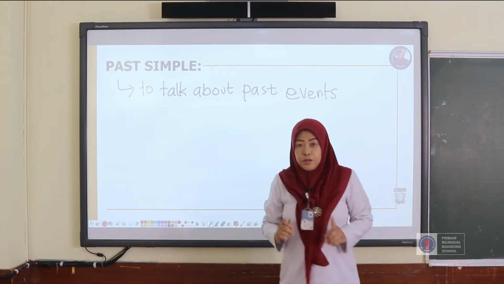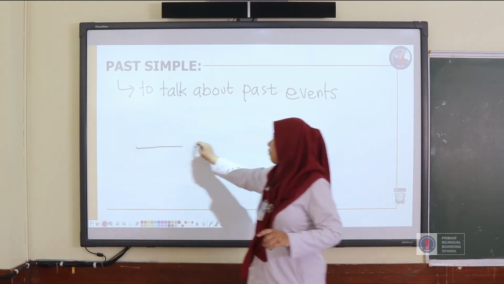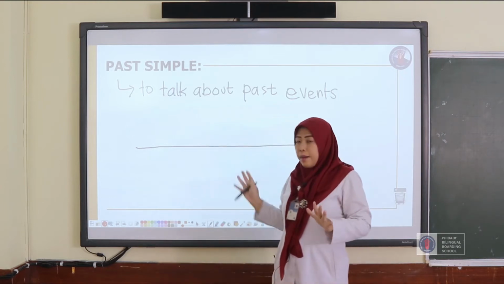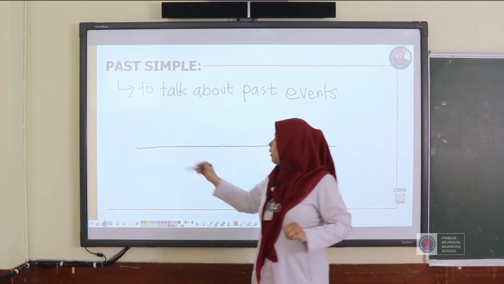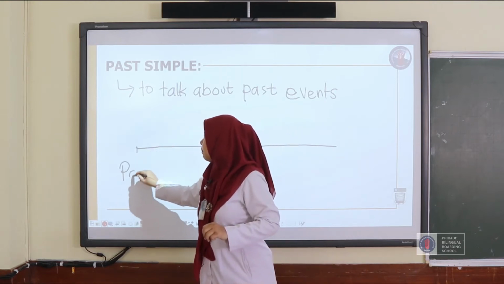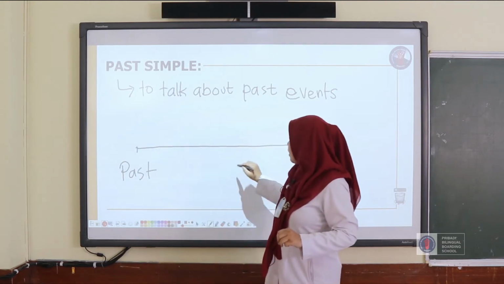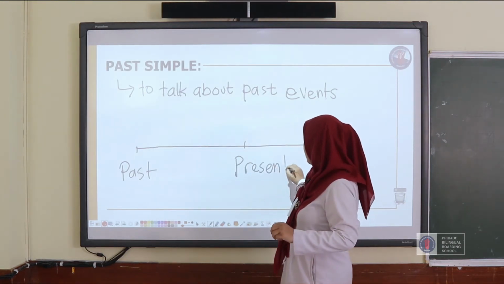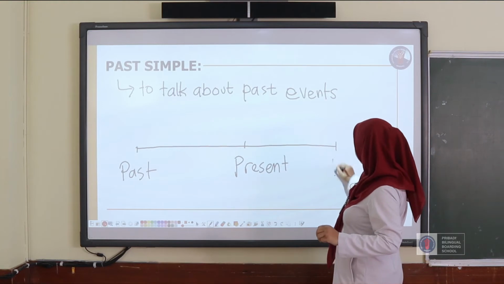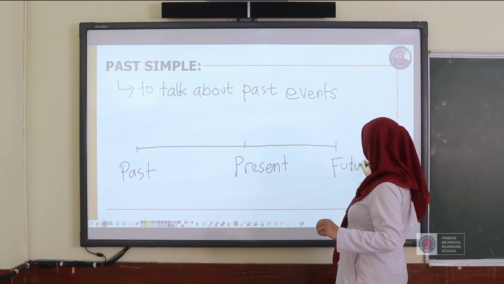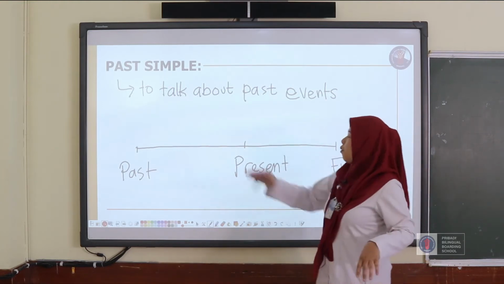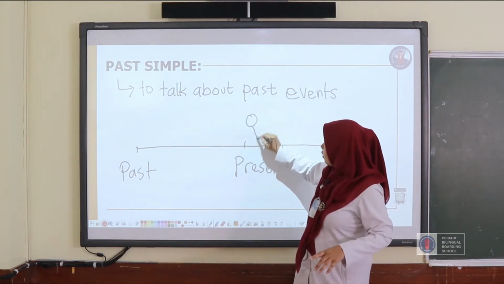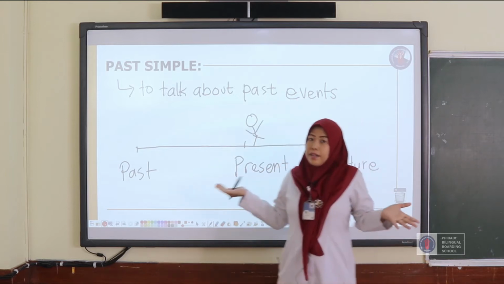I'm going to draw the timeline here. In English grammar, the timeline has 3: past, present, and also future. We are here, this is me, this is us, we are in the present.